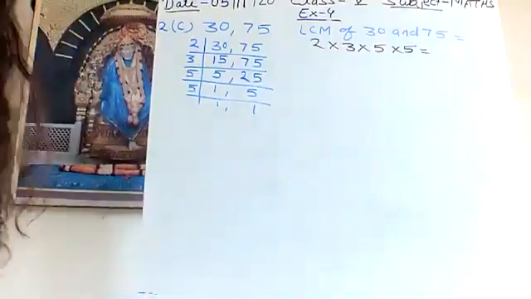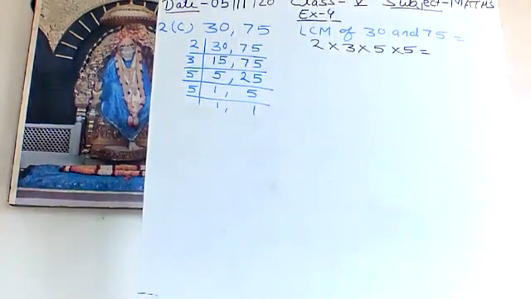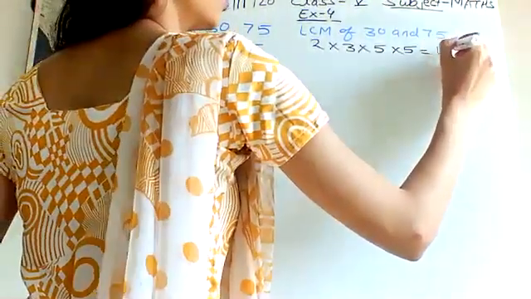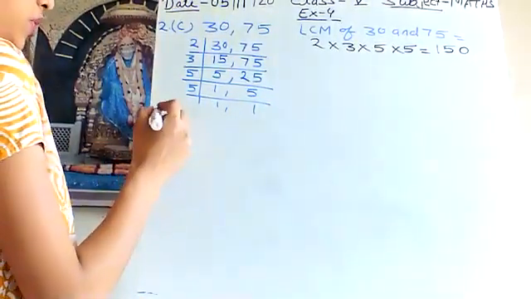So what is the answer? 2 into 3, 3 2s are 6, 6 5s are 30, and 30 5s are 150. So LCM of 30 and 75 is 150.